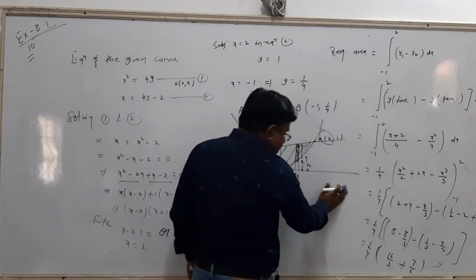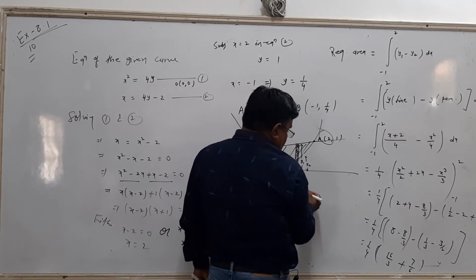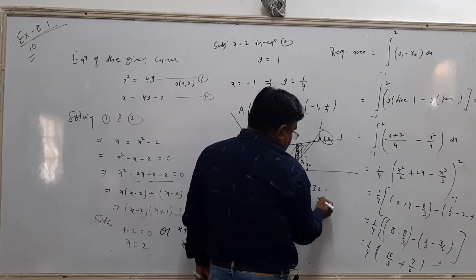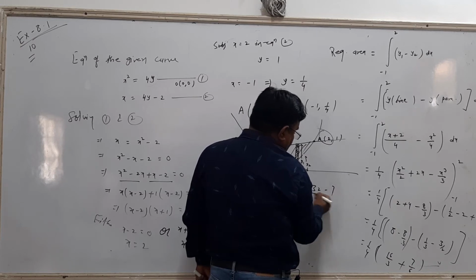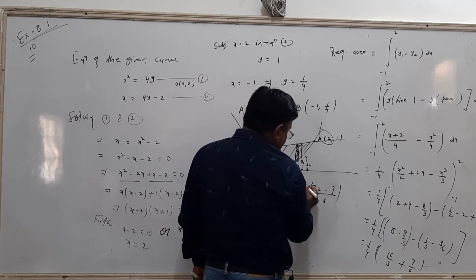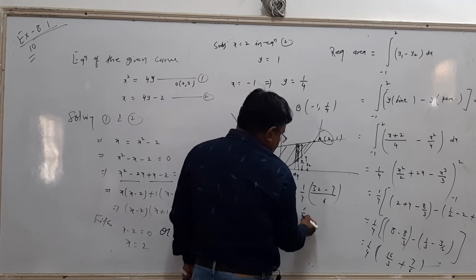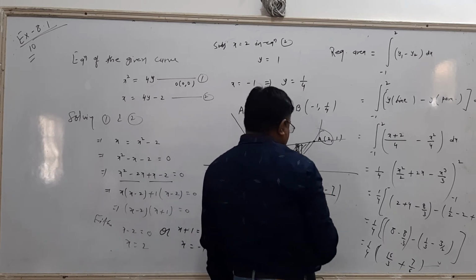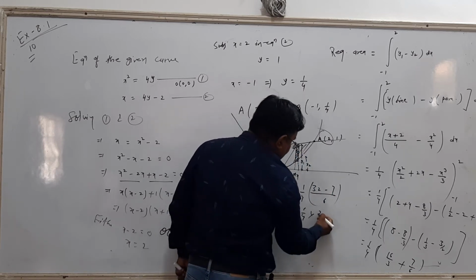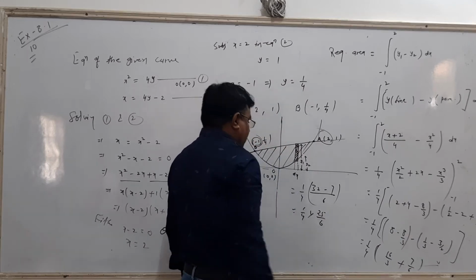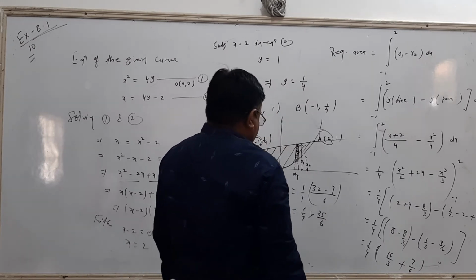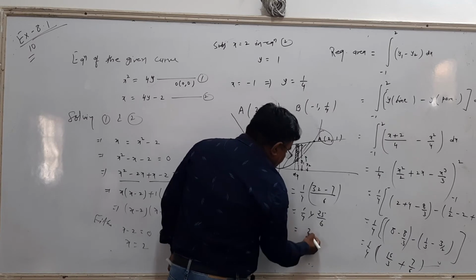Then again 6 is the LCM, 6 32 minus 7 upon 6, then 1 by 4 as it is, then 132 minus 7, that is 25 upon 6, then 25 upon 6 4s are 24.